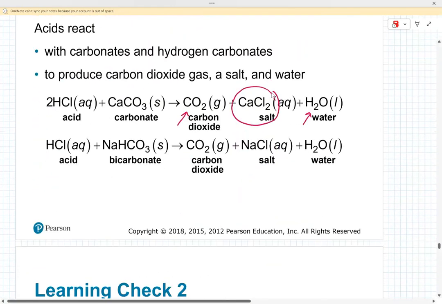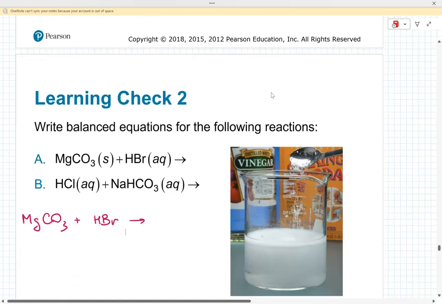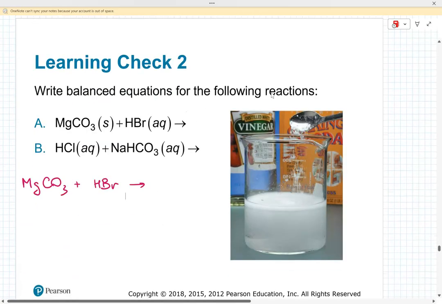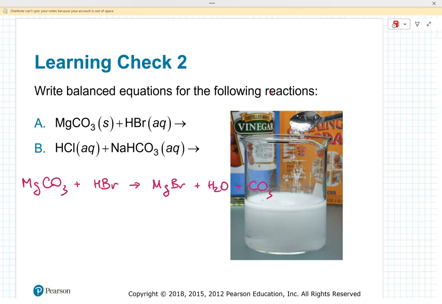Salt, carbon dioxide, water, right? What salt are you going to form? And what's going to be the anion? Bromide, yes. And then you're going to have water and carbon dioxide. Right? So far, so good?